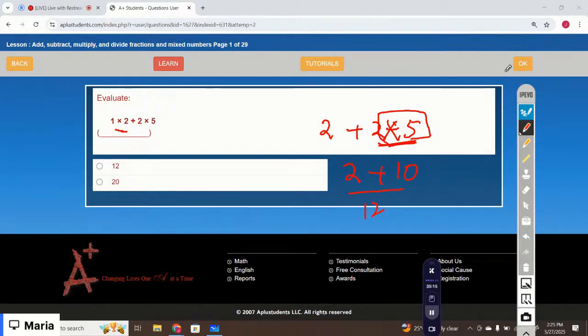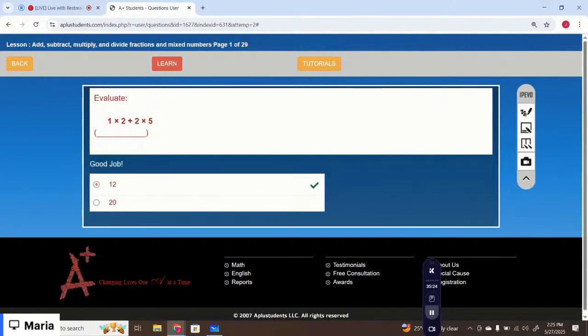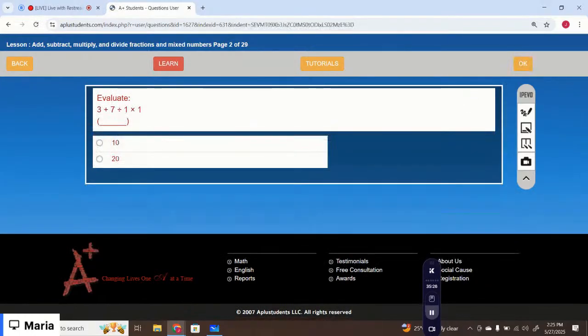Option number 1 is the correct option, that is 7. Next: 3 plus 7 divided by 1 multiplied by 1.